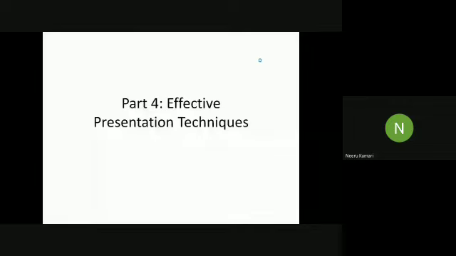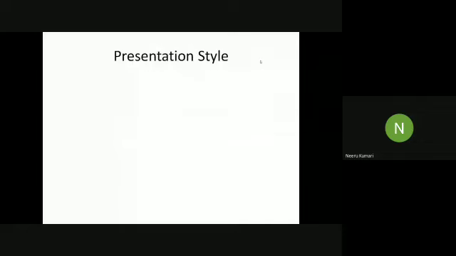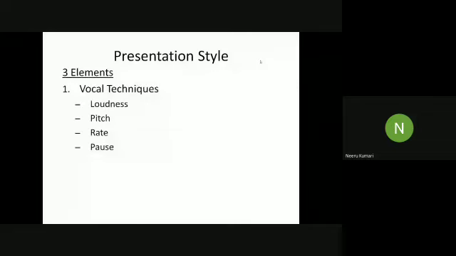So, if we talk about presentation and delivering effective presentation, we should remember there are three important elements. The first and the most important thing is your voice. Of course, you are going to use aids, audio or videos. But if you are using any aid along with your voice, if it is not loud, people cannot understand. If the pitch is not right, people will not understand the expression.